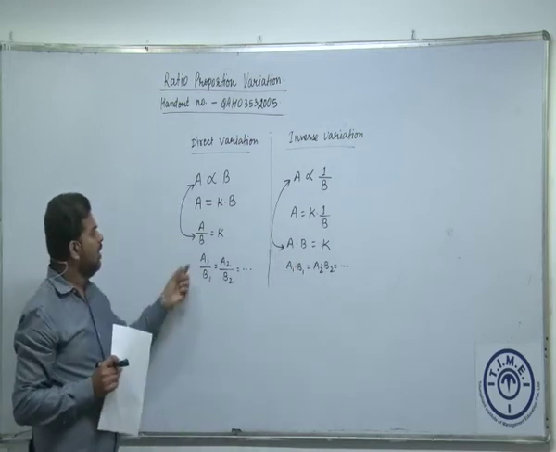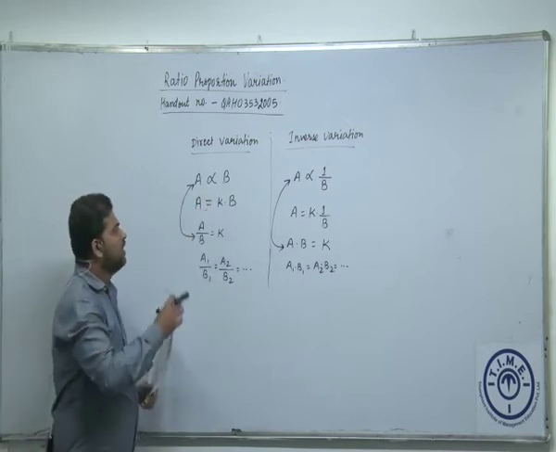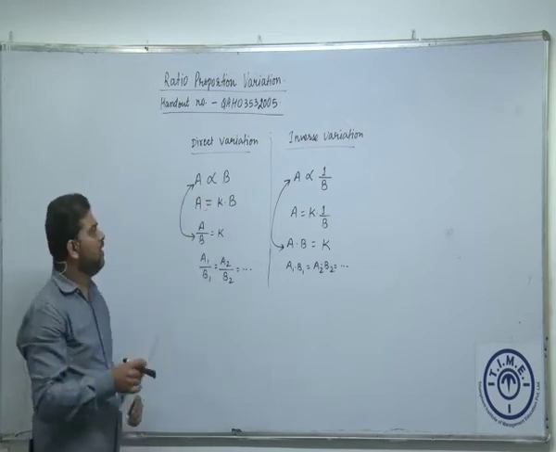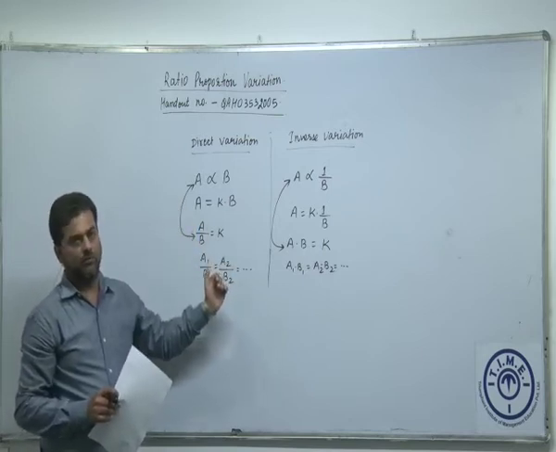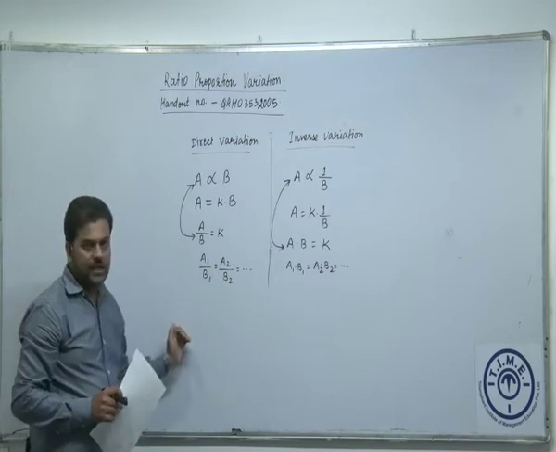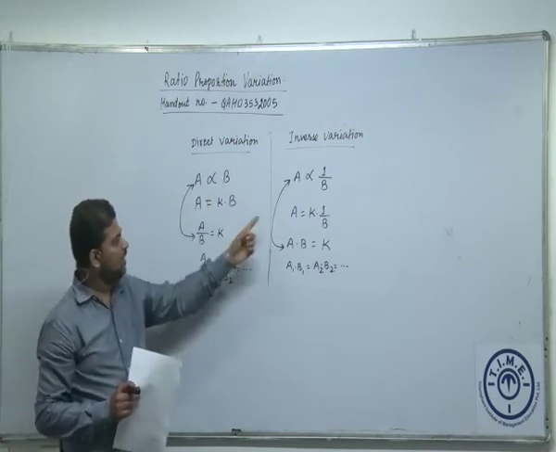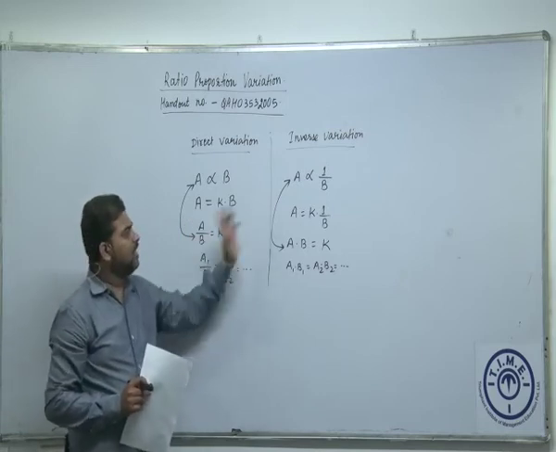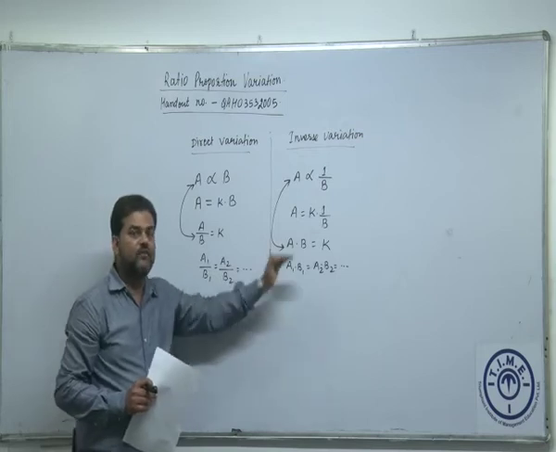Let's understand the general meaning of saying A is directly proportional to B. When you say A is directly proportional to B, it means if you increase A, B will also increase in the same proportion. Similarly, if you decrease A, then B will also decrease in the same proportion. But in inverse proportion it is a little different. If you increase A, then B will decrease in the inverse proportion.